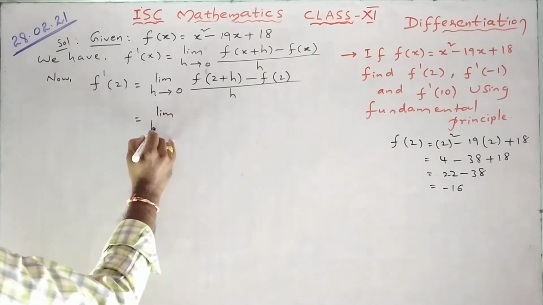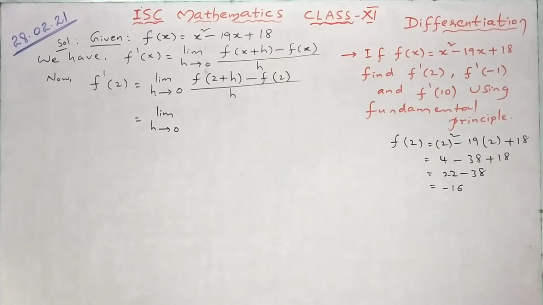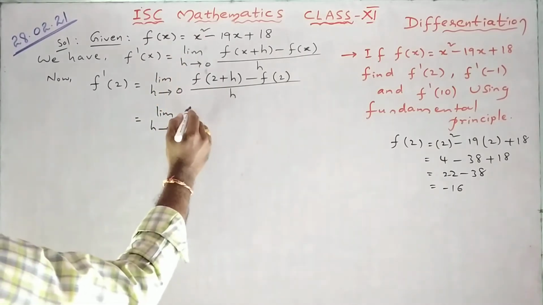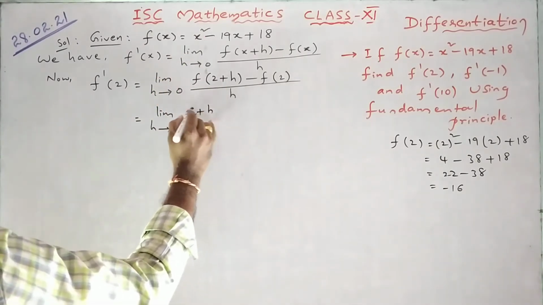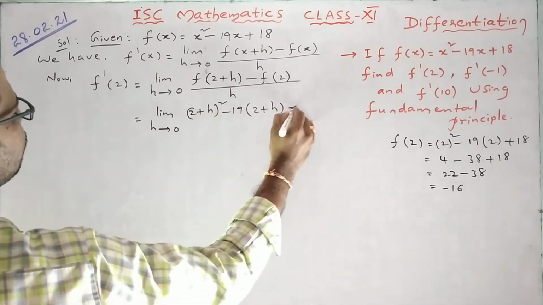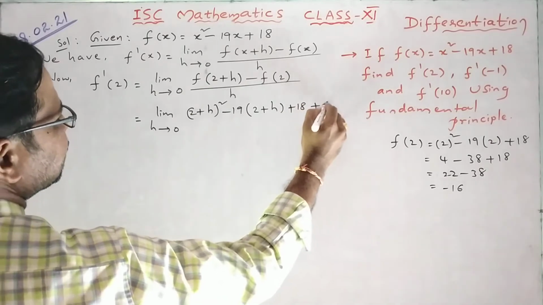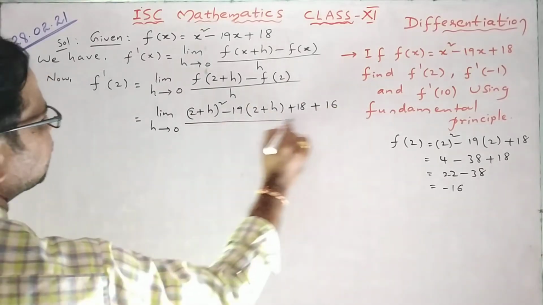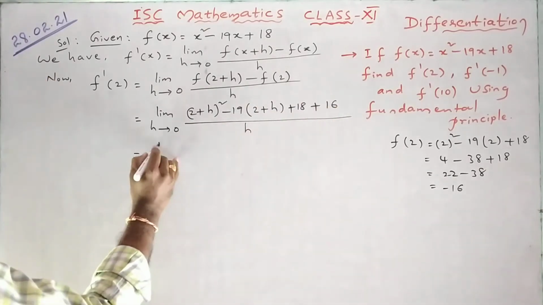Limit h tending to 0. f of 2 plus h means in the place of x keep 2 plus h. So 2 plus h whole square minus 19 of 2 plus h plus 18 plus 16, because minus of minus 16, upon h.